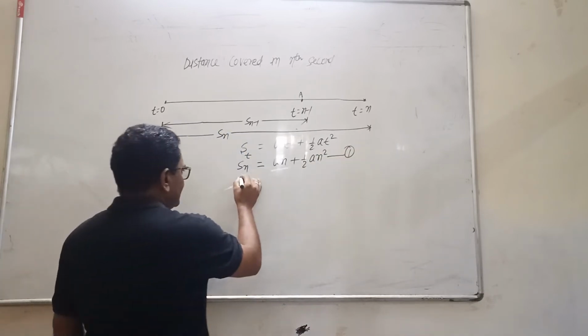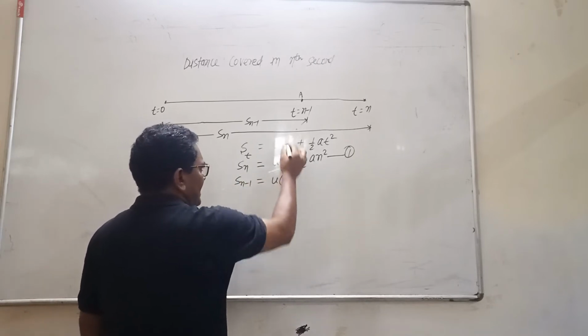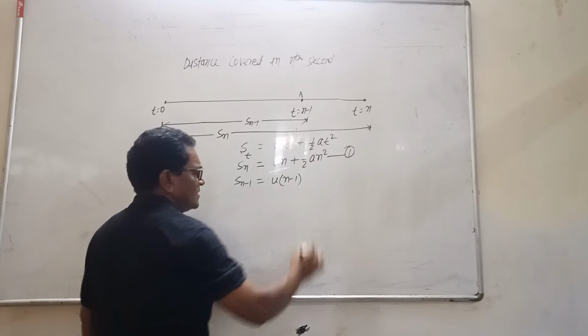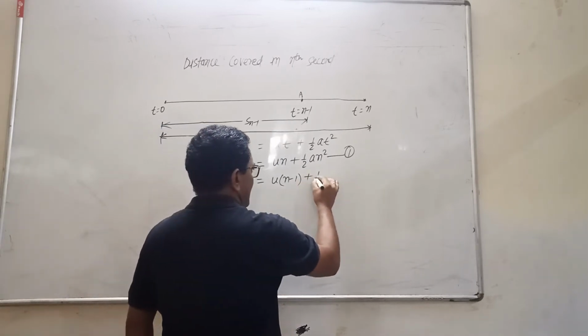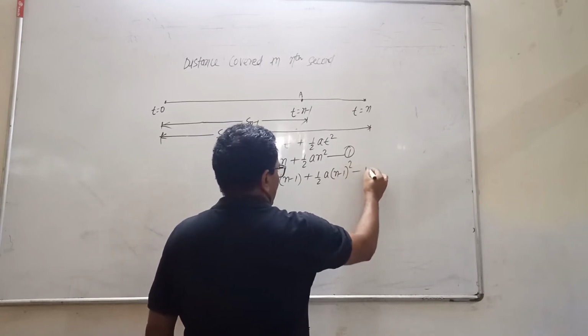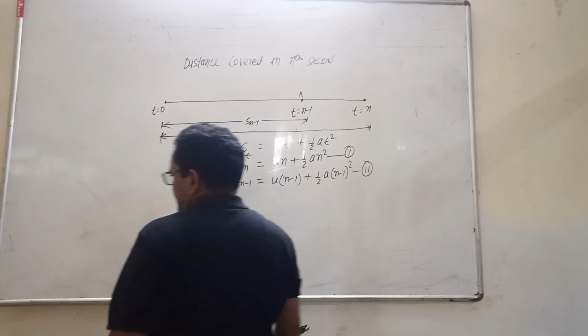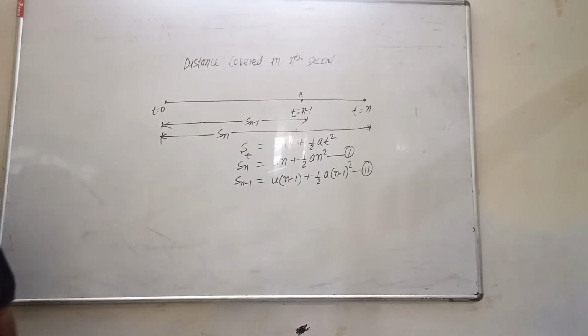And for finding the distance covered in n minus 1 seconds, we will replace t by n minus 1. So u into n minus 1 plus half a into n minus 1 the whole square. But we have to find the Snth.